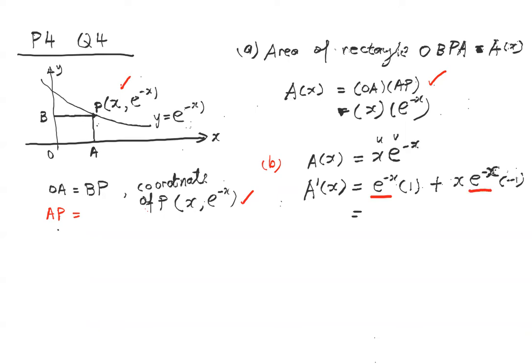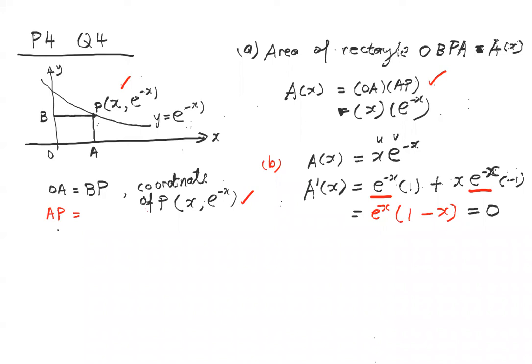So I have e to the power negative x, open bracket, 1 minus x. Straight away, what I do? When I want to talk about maximum, minimum, straight away, what must I do? Equal to 0.